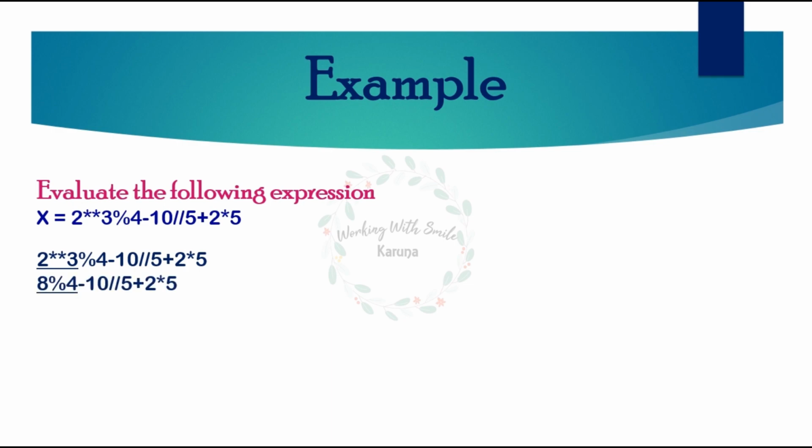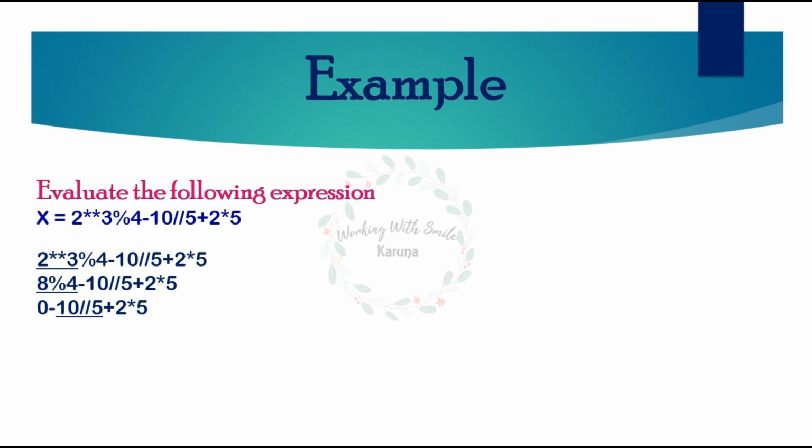Then comes the turn for the modulus operator, which is 8 modulus 4, giving the answer as 0. Then we have the division operator. Please note that the modulus operator was evaluated before the division operator because it was coming before the division operator in the current expression.